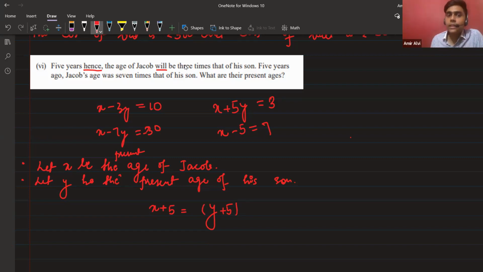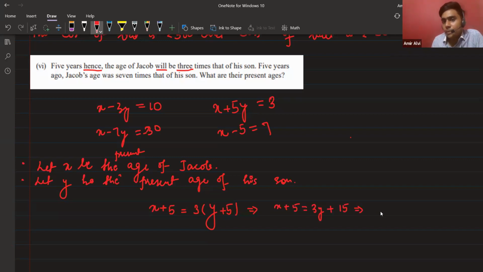And it is saying that if we multiply the age of the son by 3, then it will be equal to the age of Jacob. Is this clear, Hiba, Adil, Ajwad, and Rehan? Yes, sir. Any doubt in this step? No, sir. So I'm writing 3 here because it's saying 3 times. Let's simplify this. x plus 5 is equals to 3y plus 15.